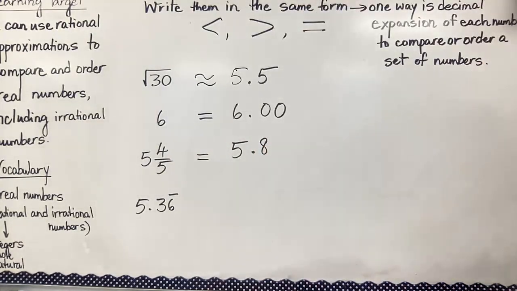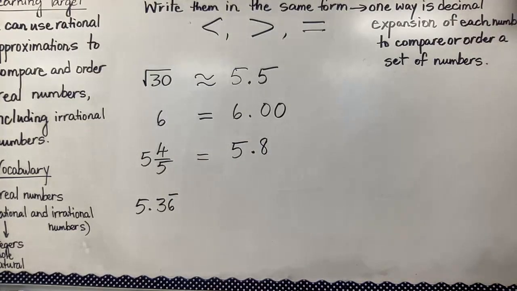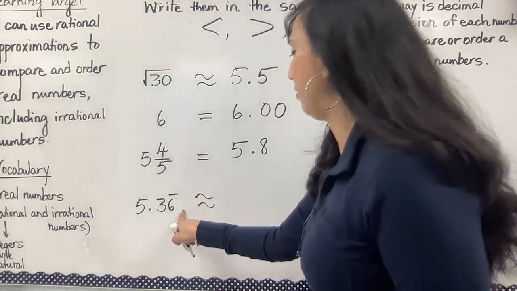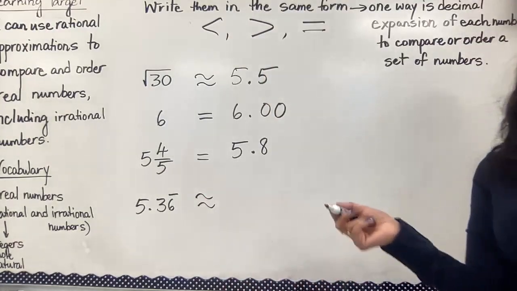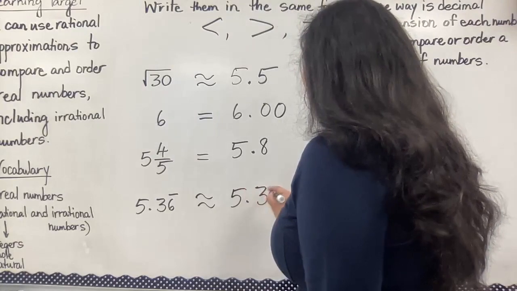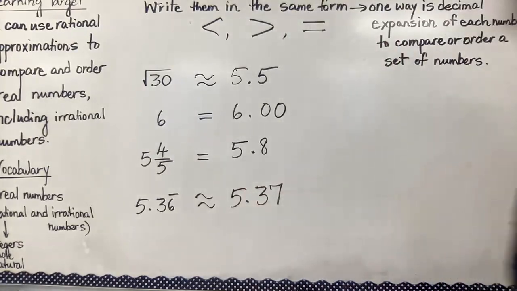And then the last one, we are going to write it as a decimal to the nearest 100th place value. So this is approximately 5.37. All right, so we're going to round it to the nearest 100th place value.